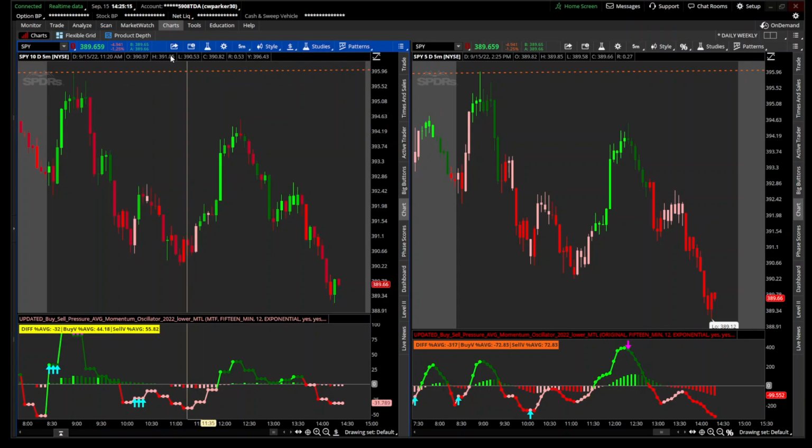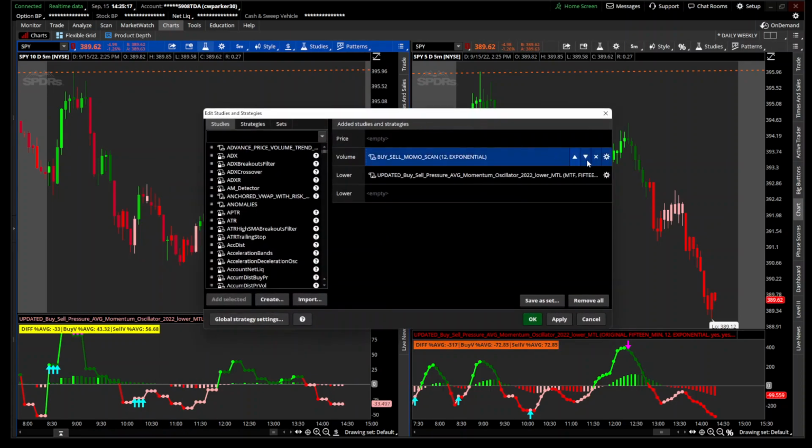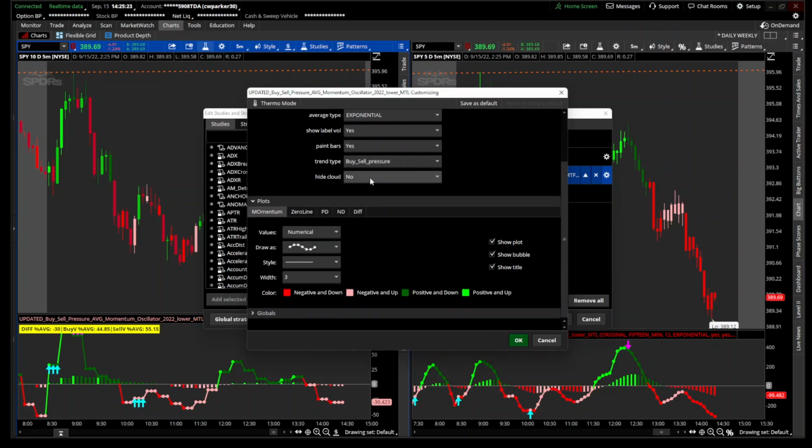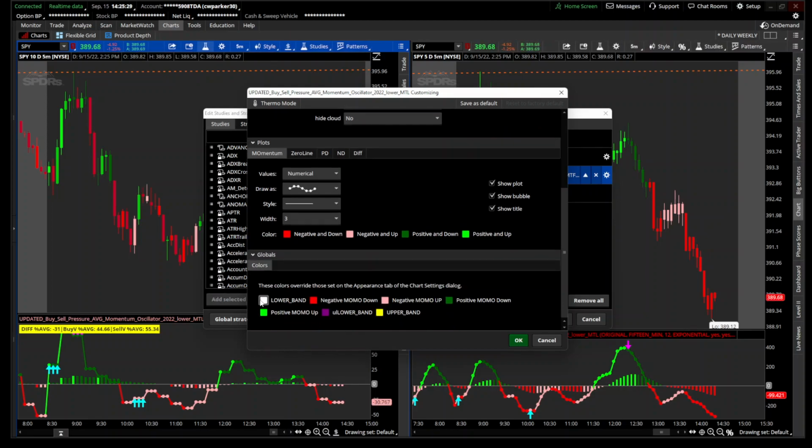And we'll switch back to the original, and you can change anything. Like I always say, everything I create is fully customizable. You can see down here you got the colors of these bands.